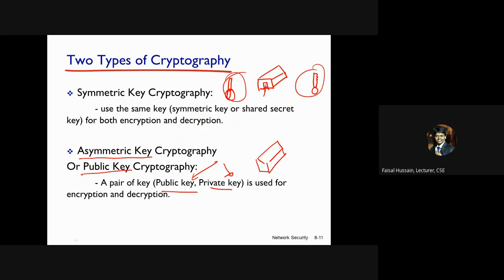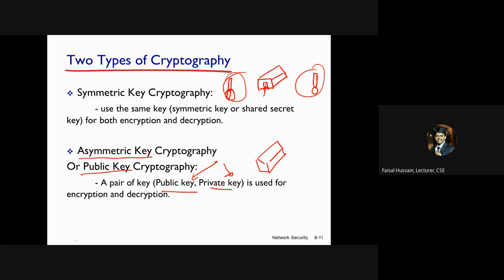So in this internet scenario, many people need to communicate with a single web server, like Facebook. I want to communicate, you want to communicate, others want to communicate. So Facebook shares its public key with all.